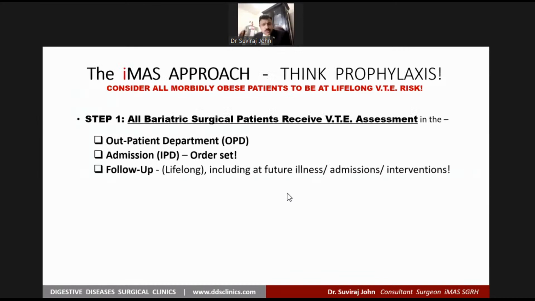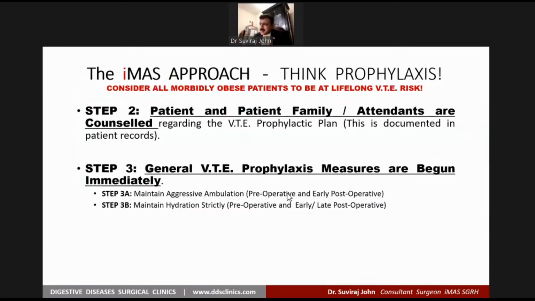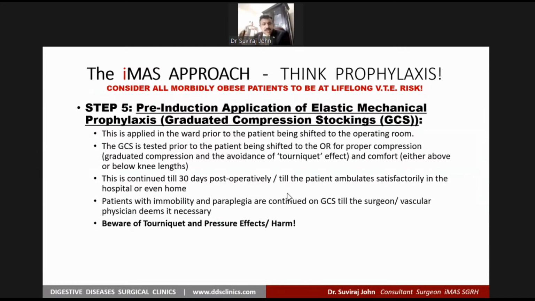So I'll just tell you what we do. I'll run through that quickly. Besides the assessment and general measures, we give chemoprophylaxis 12 hours prior. We're giving a straight 60 milligrams of enoxaparin, and we start 8 hours post-surgery. We put in a graduated compression stocking, which is customized for each patient, either below knee or above knee by individual consultant preference.